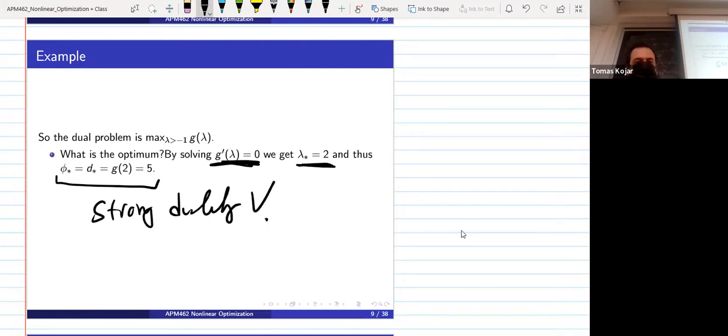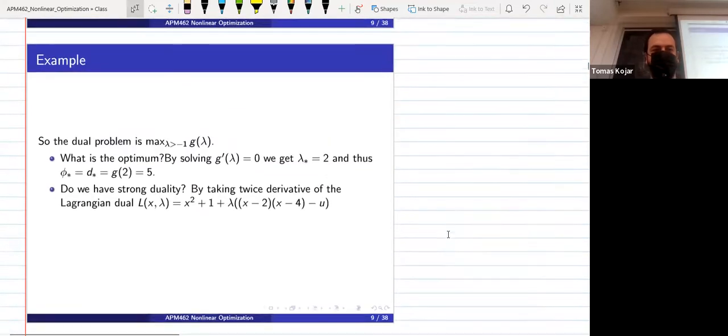Okay. Right. Good. Do we have to prove it? Well, you do have strong duality because I computed it by hand, but in other settings maybe you only have existence of a minimizer, not a concrete one.